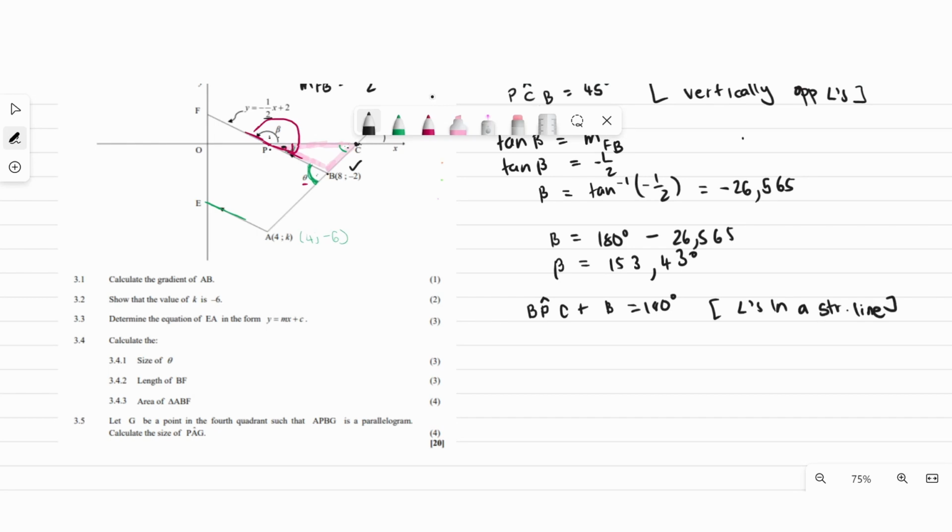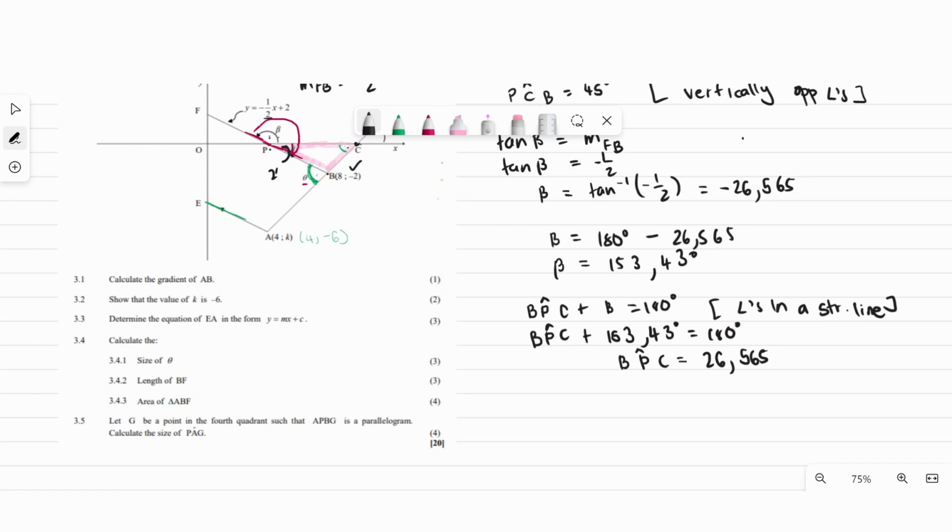We already know what beta is because we want BPC. So this is going to be 153.43 degrees is equal to 180 degrees. Take this to the other side. Therefore, this angle that we want is going to be equal to 26.565, right? So that's going to be this angle, the one that we want.